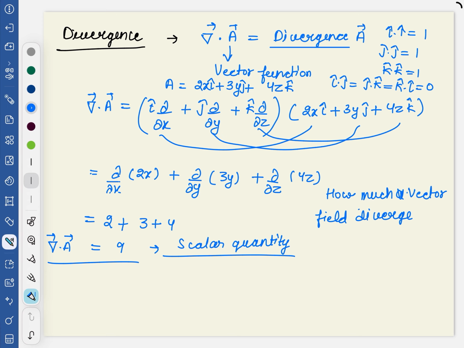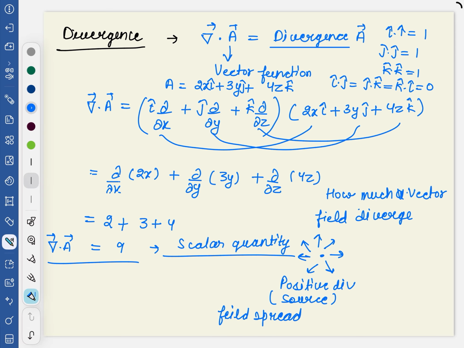The outward flow per unit volume. Suppose we have a point and the field is diverging. So this is positive divergence and this is known as a source. Here the field is spread outwards. And if we have a point where the field is coming inside, this is negative divergence.